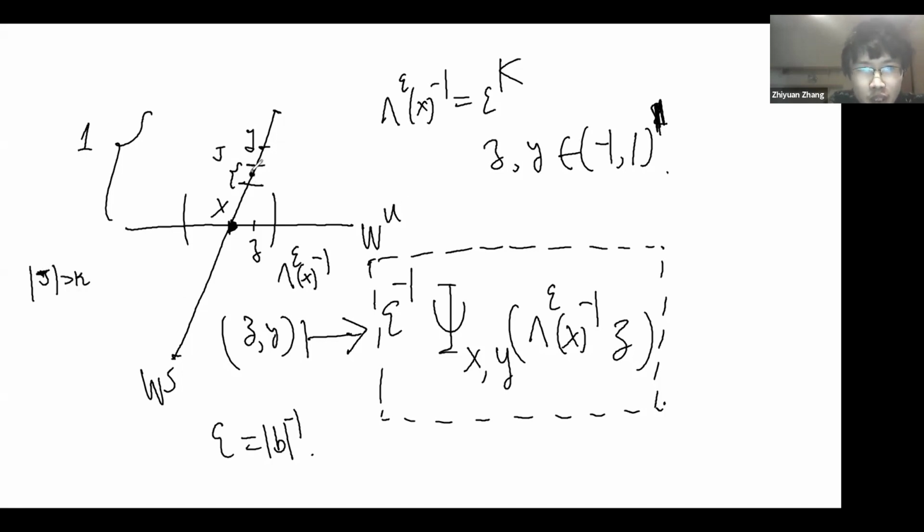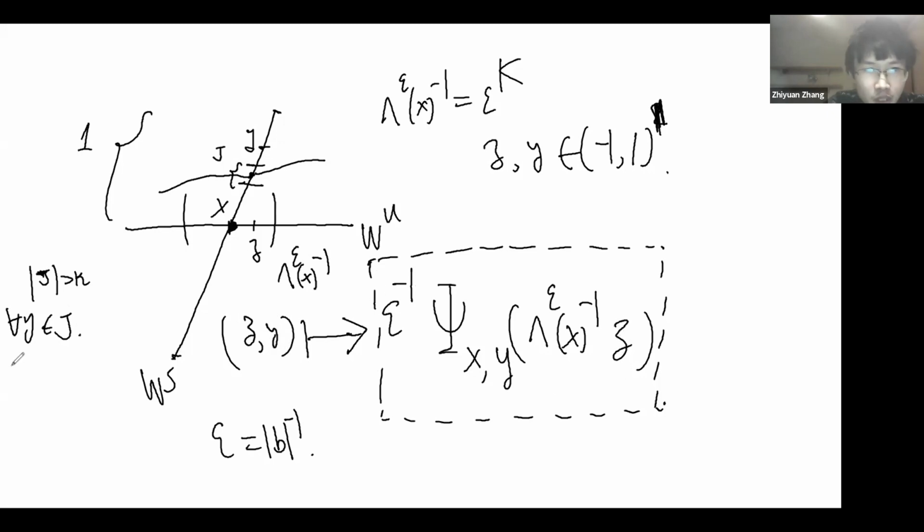And for each y in this interval, you consider this function with this y, as a function of z.